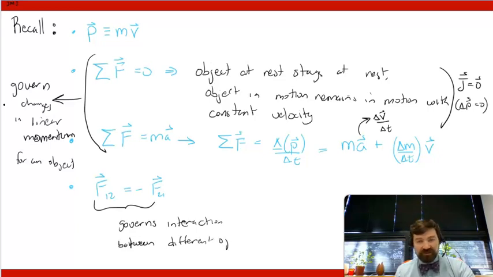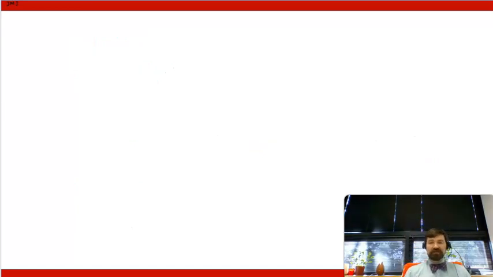The reason why that is important is because a system in general consists of the objects within that system and any interactions going on between those objects. So if I have object 1 and object 2, and they're going to have an interaction of some sort between them, then the force that object 1 applies to object 2 and the force that object 2 applies back to object 1 must be equal.